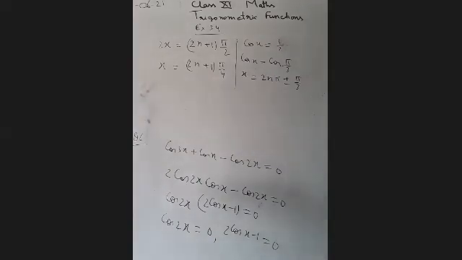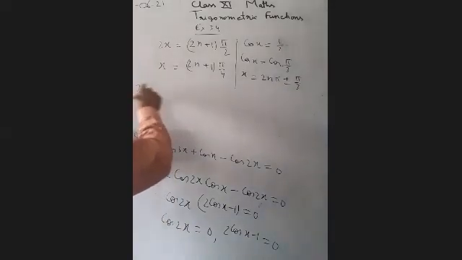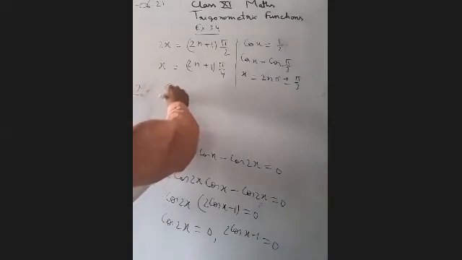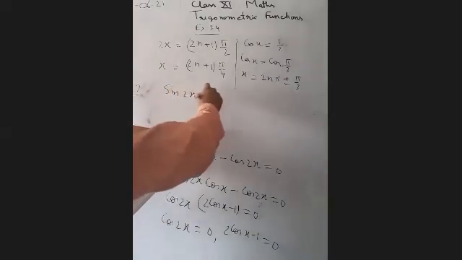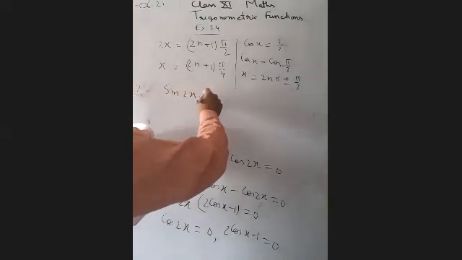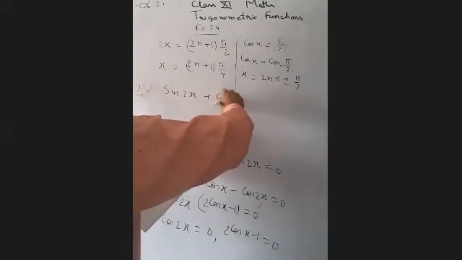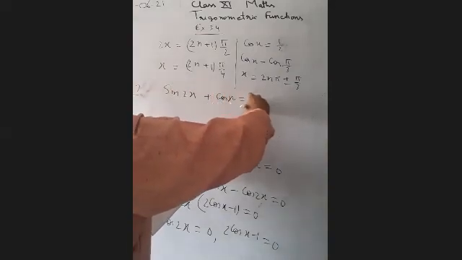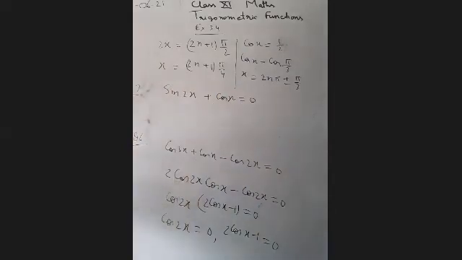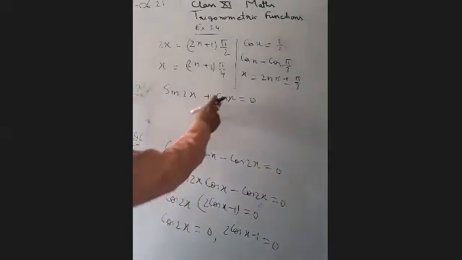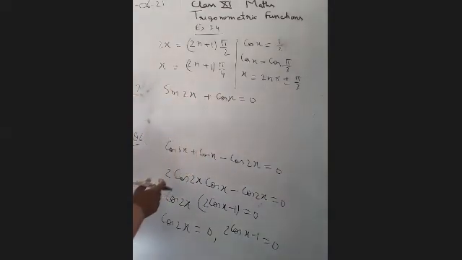Question number 7 is yours: sin 2x plus cos x is equal to 0. Okay, so we have to find the general solution. First, these both are different, so directly we cannot use the formula.